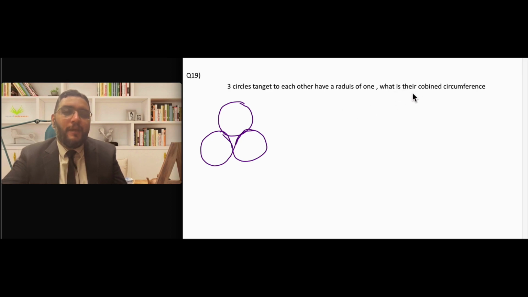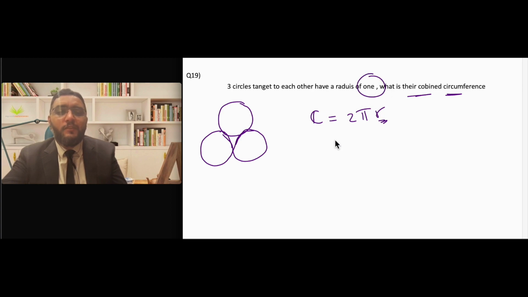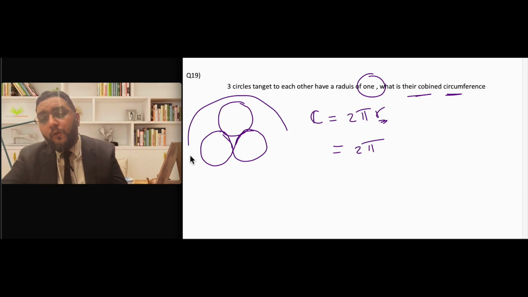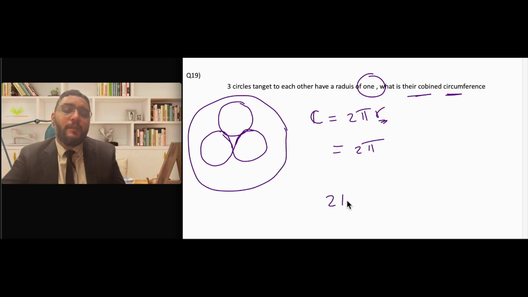We want to find the combined circumference of all of this shape. Just find the circumference of one circle and multiply it times 3. As you know, the circumference of the circle equals 2 times pi times r. And we have the radius equals 1, so the circumference of the circle is 2 pi. If you want to find the circumference of all 3 circles, just multiply it times 3. So it will be 6 pi.